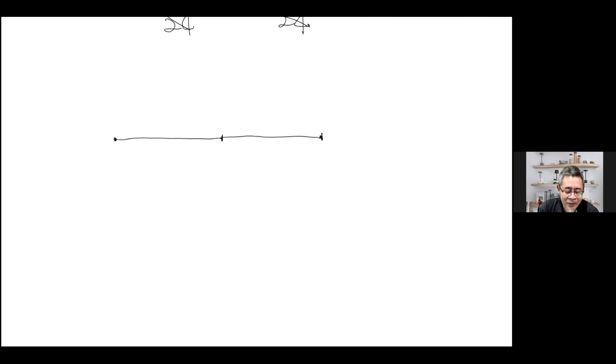So the first half, dad's driving at 65 miles per hour. And then after that, we have mom driving, and mom drove a little bit slower, say 60 miles per hour.